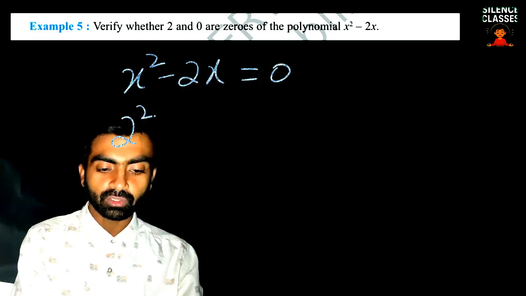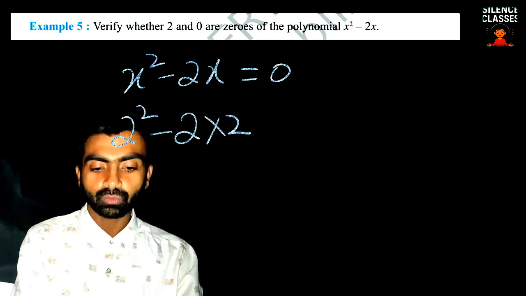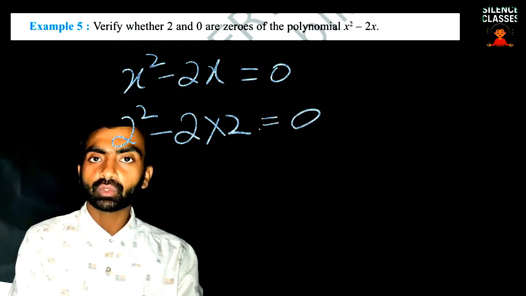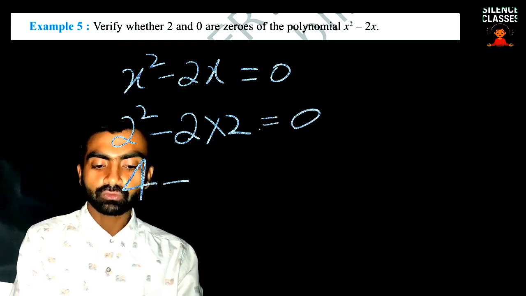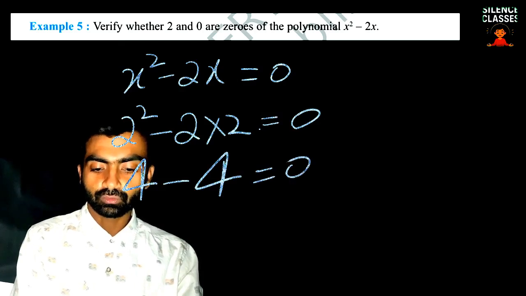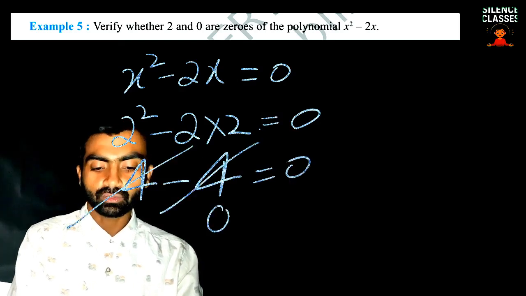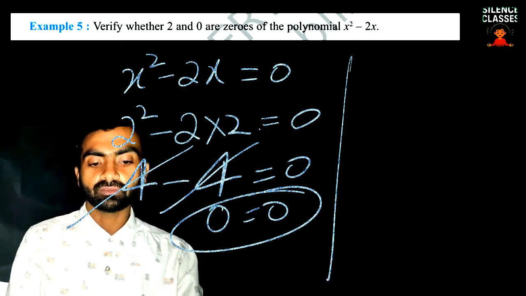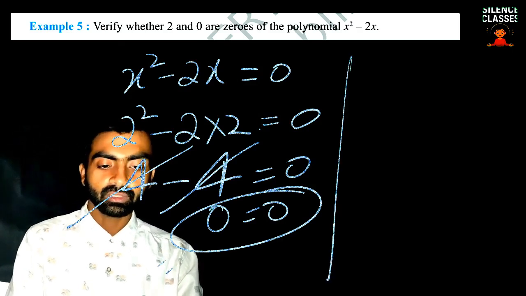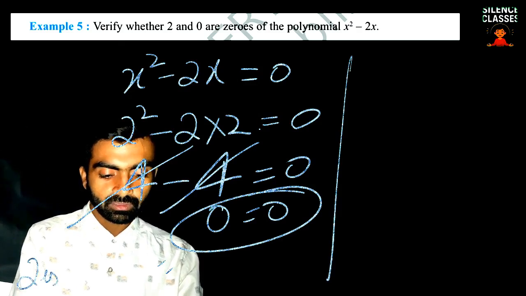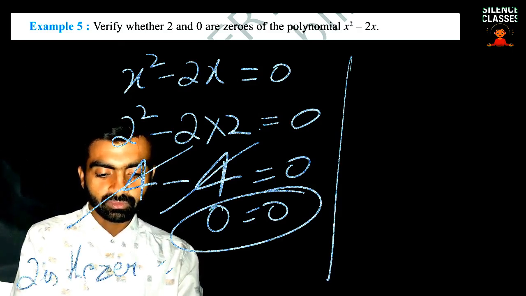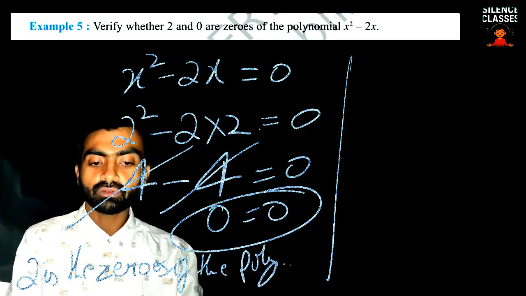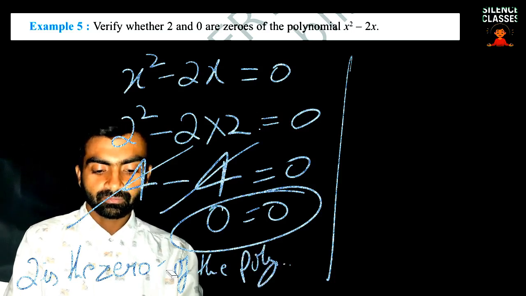So 2 to the power 2 minus 2 multiplied by 2 equals 0. 2 to the power 2 becomes 4, minus 2 times 2 is 4, so 4 minus 4 equals 0, so 0 equals 0. So 2 is a zero of the polynomial.